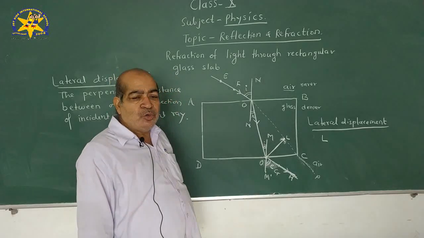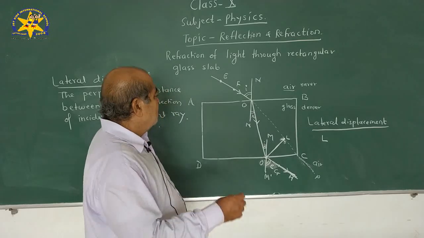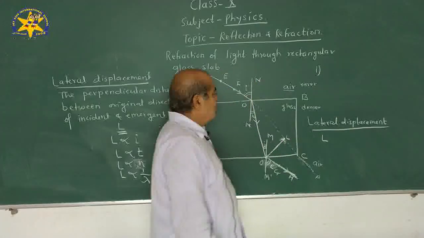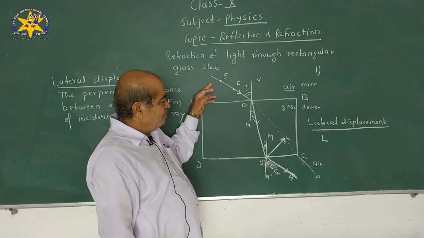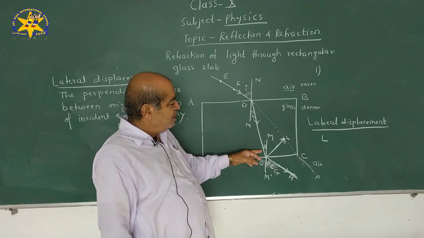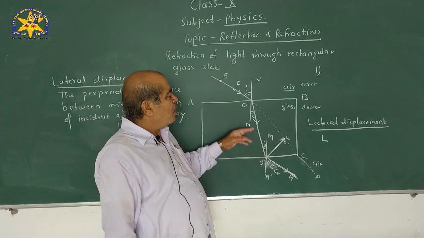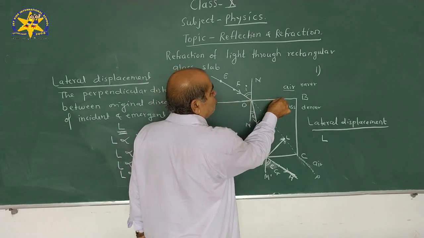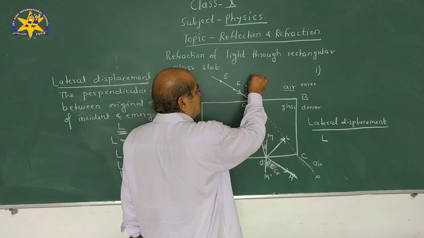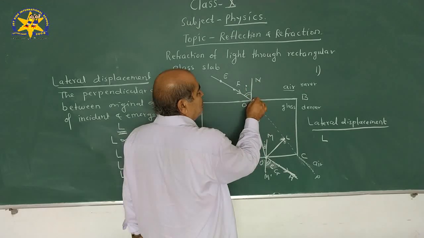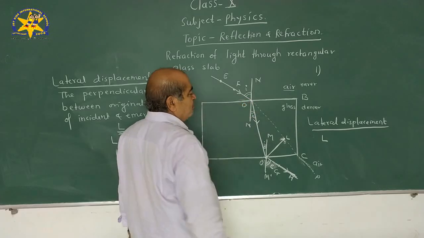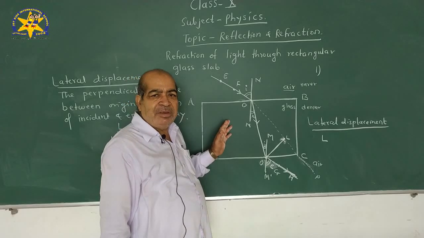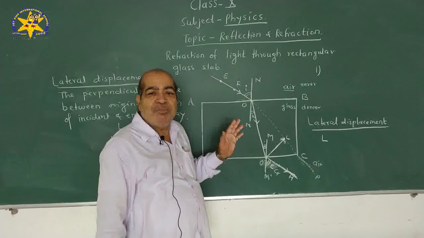So there are two laws of refraction from this experiment, and the first law of refraction is: the incident ray, the refracted ray, and the normal drawn to the interface of two media at the point of incidence always lie in the same plane.